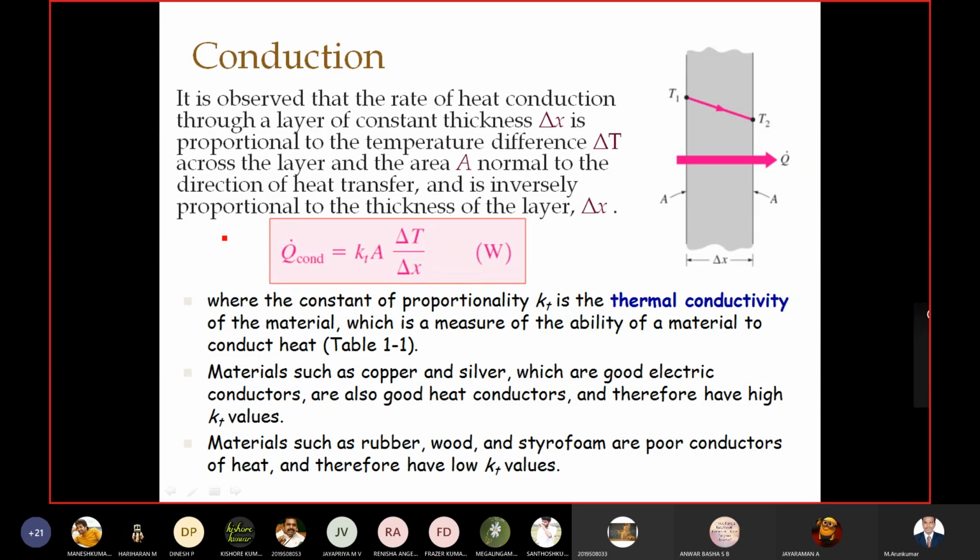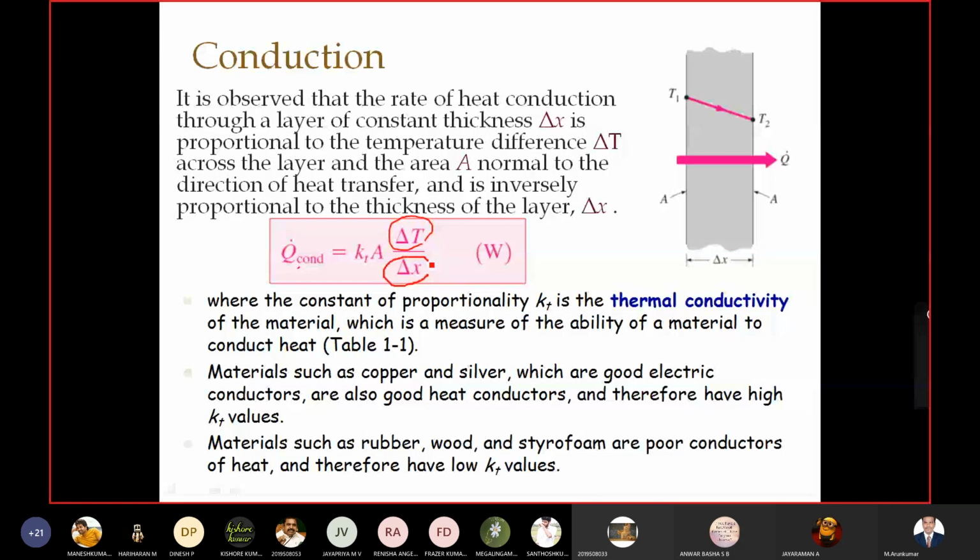So this heat transfer can be calculated with this equation: Q dot conduction equals kT times A times delta T by delta X. Here delta T is the temperature difference and delta X is the constant thickness.